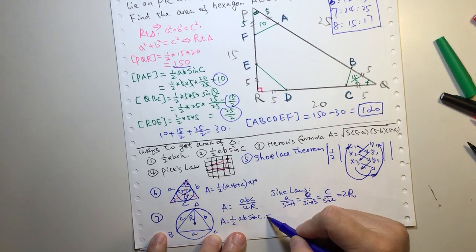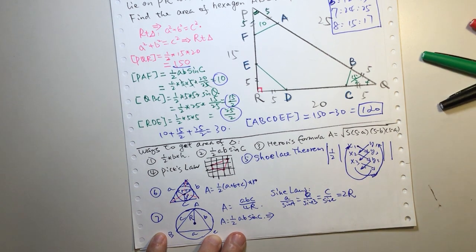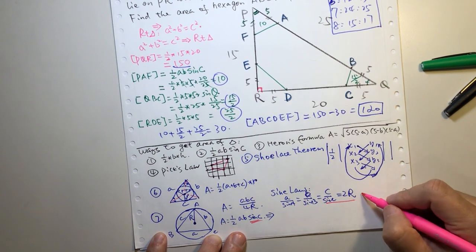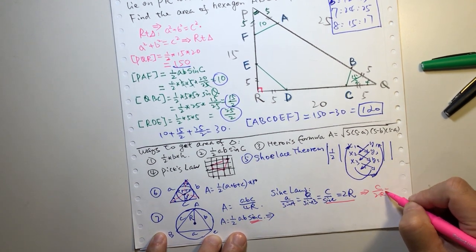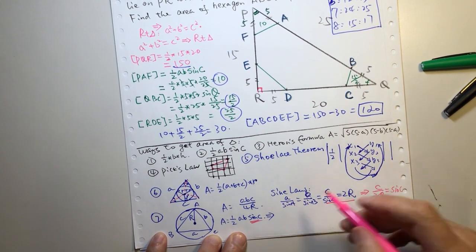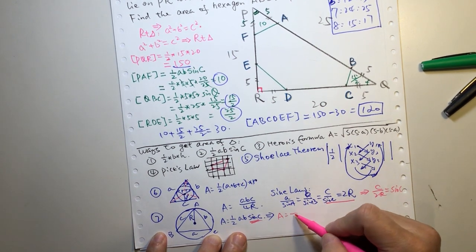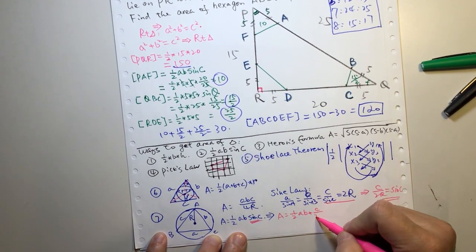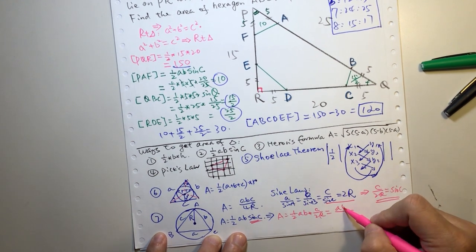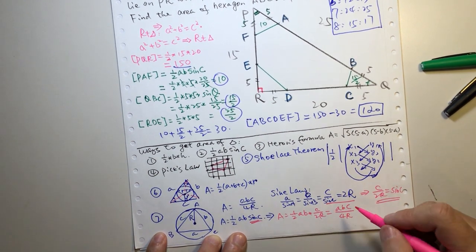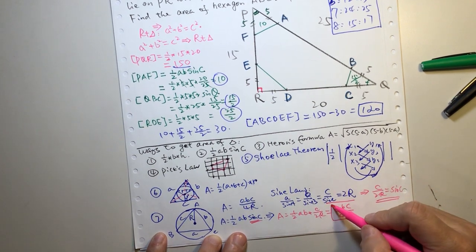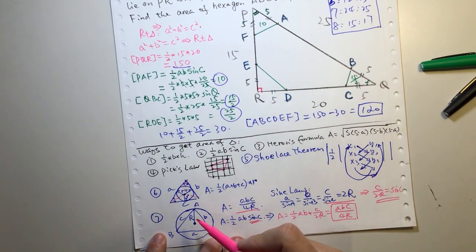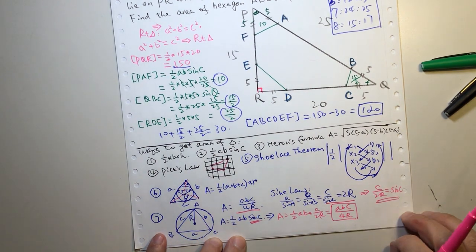So we can plug this in. From this, C over 2R equals sine C, right? So we get the area equals 1/2 AB times sine C, which is C over 2R. We get ABC over 4R. That's the formula of this way to calculate the area of triangle ABC.